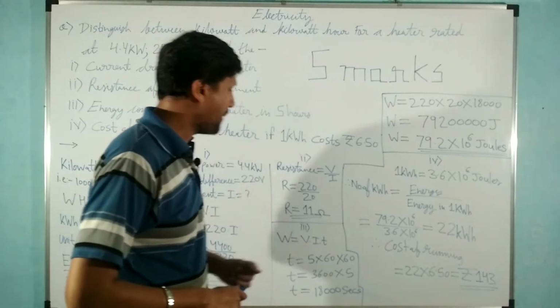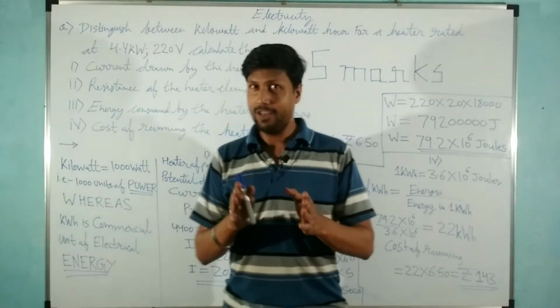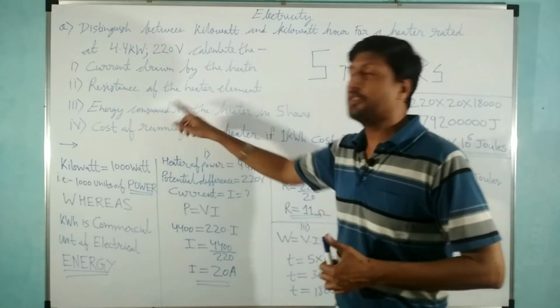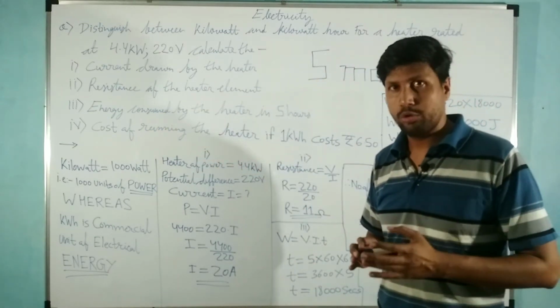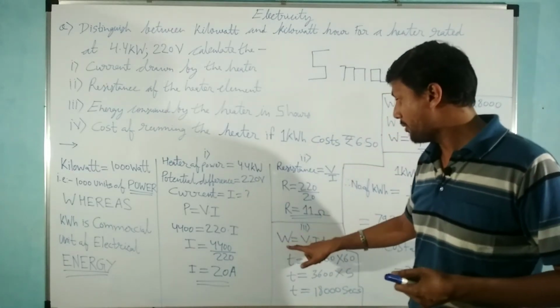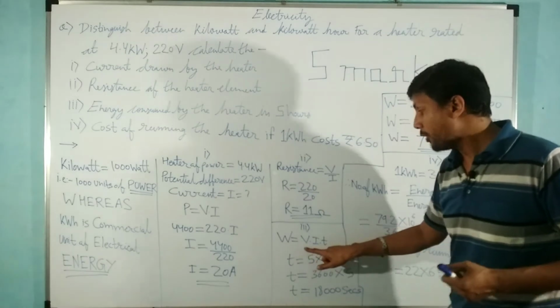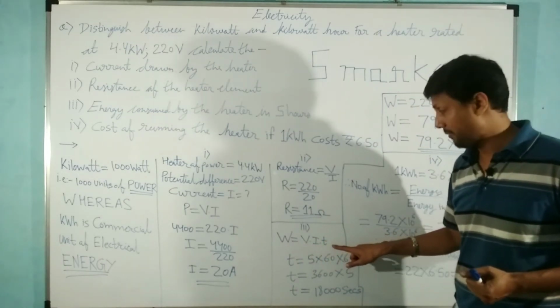Now let's come to the third part. Dear friends, listen to me very carefully again. We have to find the energy consumed. Energy is measured in joules, and work done is also measured in joules. So we'll use the formula: work done is equal to potential difference into current into time.